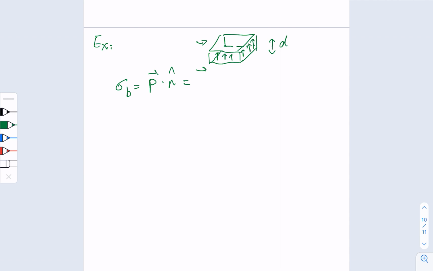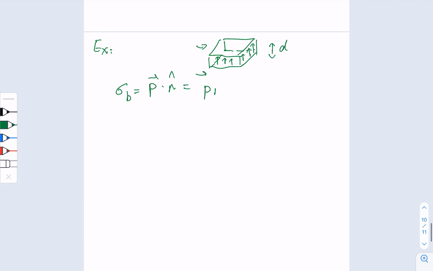So here this P should be dotted with the normal. Here we choose the direction of P to be along the z-axis, and now you can see that there are no charges on the sides, and only the top and the bottom surface have the surface charge.